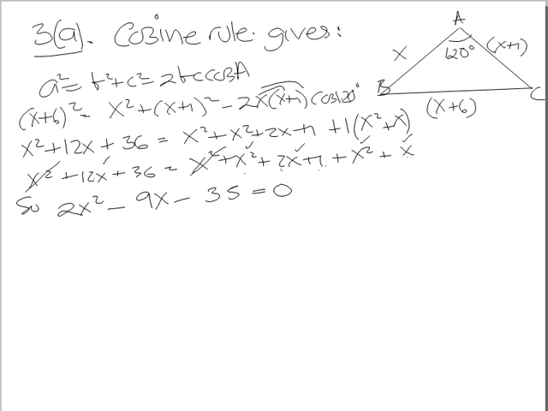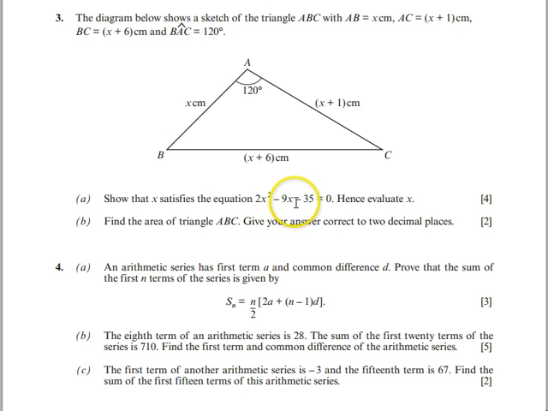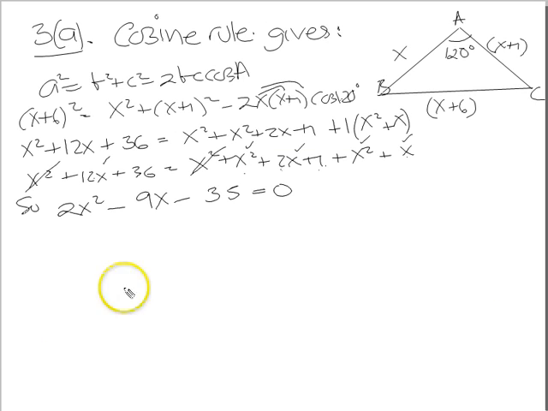Now let's look back at the question to check we've not made a mistake. 2x squared minus 9x minus 35 equals 0. Hence evaluate x. So here we could use the formula, but let's try and hope that we can factorize it, right? So let's just give it a quick go, see if we can. So the 2x has got to be 2x and x. So let's put that there and there.